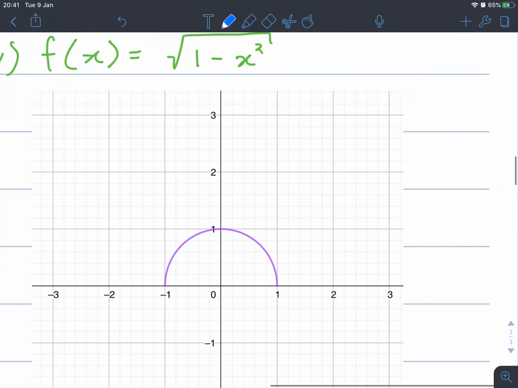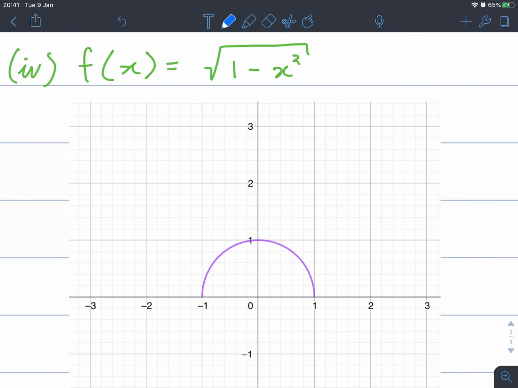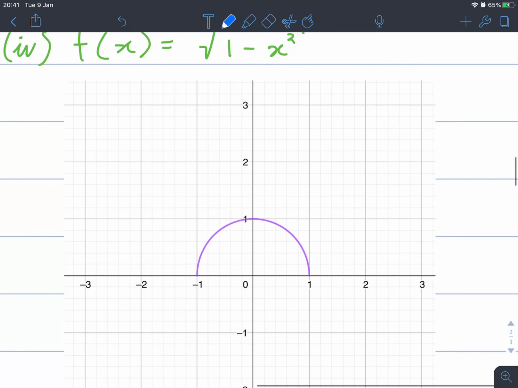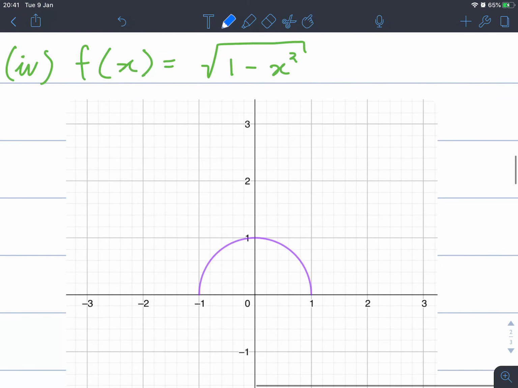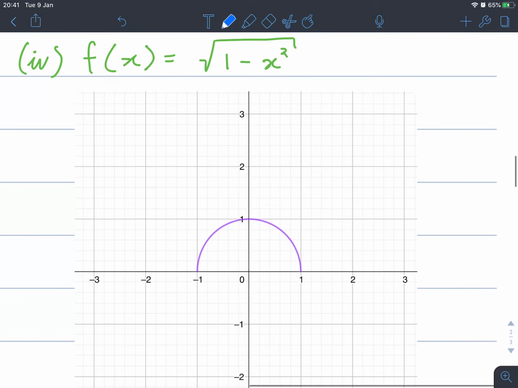Let's now take a look here at this last example of a semicircle. So here it is drawn. I want you to think about the domain now. What are the restrictions on this domain? Or you can just look at it graphically. Where does the graph stop?